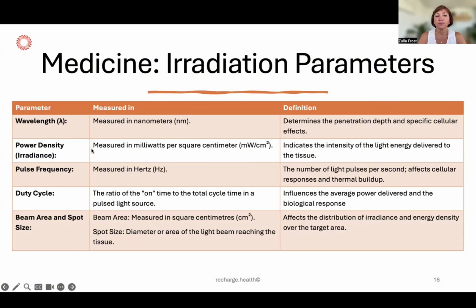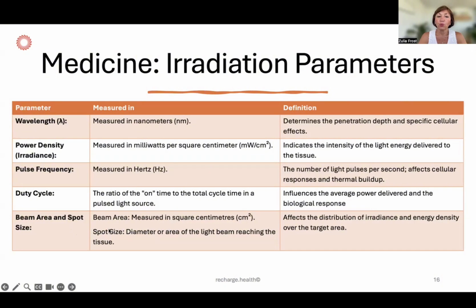Power density, measured in milliwatts per centimeter square, also called irradiance, indicates the intensity of light energy delivered into the tissue. Pulse frequency, measured in hertz, is the number of light pulses per second and affects cellular response to thermal buildup. Duty cycle, the on-off ratio, influences the average power delivered into biological response.